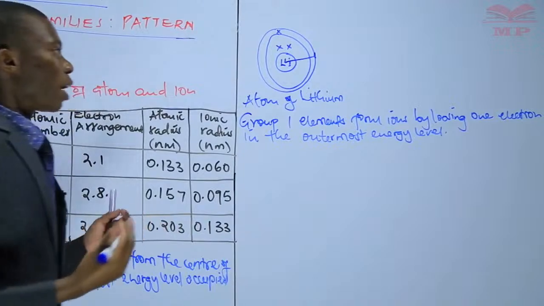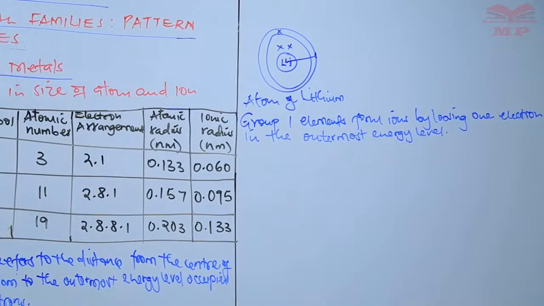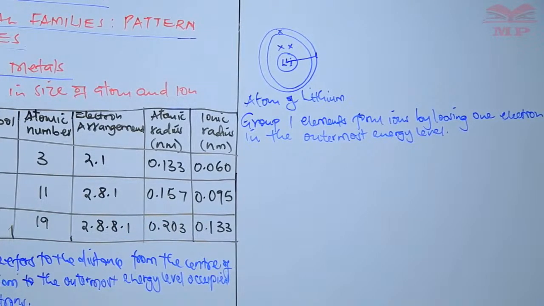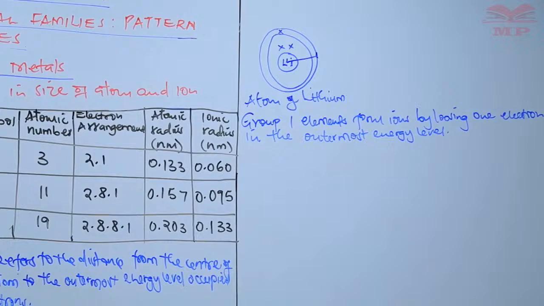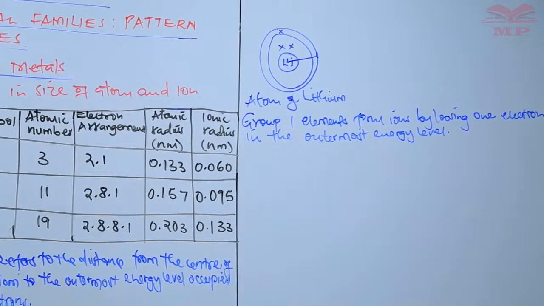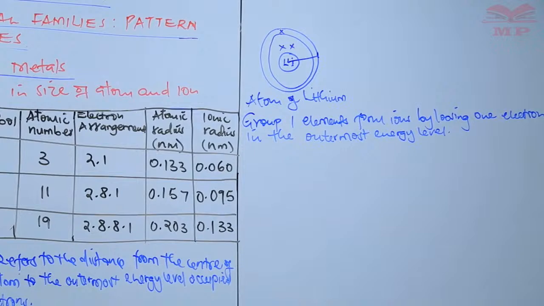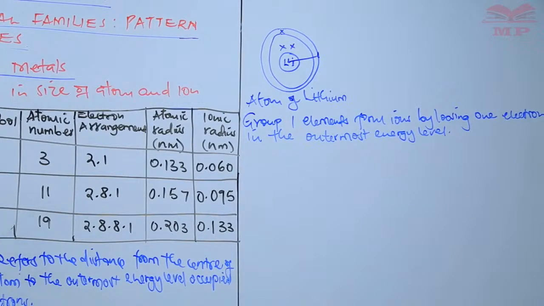Group 1 elements form ions by losing 1 electron in the outermost energy level. Therefore, if they lose electrons in the outermost energy level, they become ions.